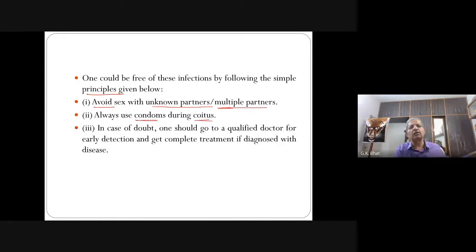Are the sexual partners going to store those devices? No. That's second. Always one should use condoms during coitus. Even though it is said like that, we cannot assure 100% that this is 100% safe.